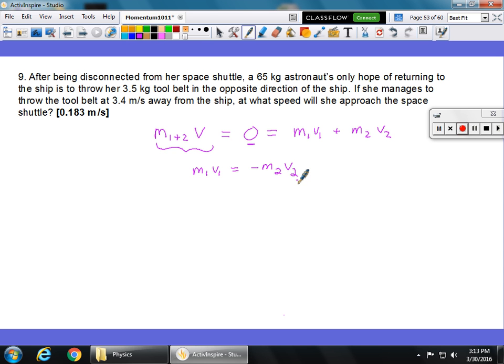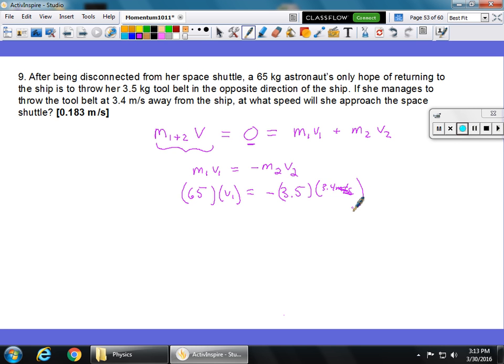So if we put in her information, it tells us that she is 65 kilograms for her mass. We don't know what her velocity is going to be, and she's going to move towards the ship. It says the tool belt is 3.5 kilograms, that's its mass, and she can throw it away at a speed of 3.4 meters per second. I don't need the units, I'll leave that out.